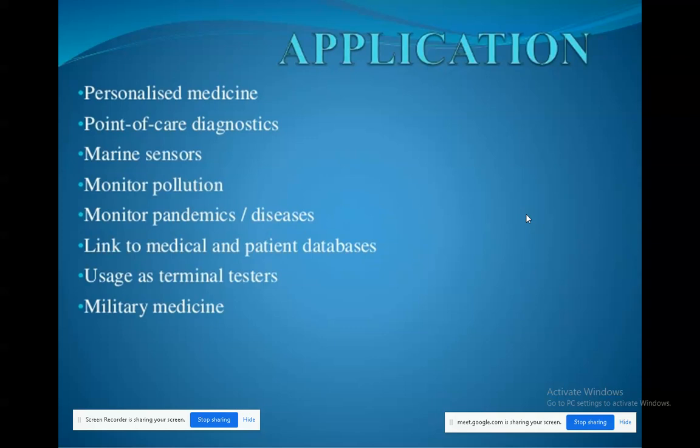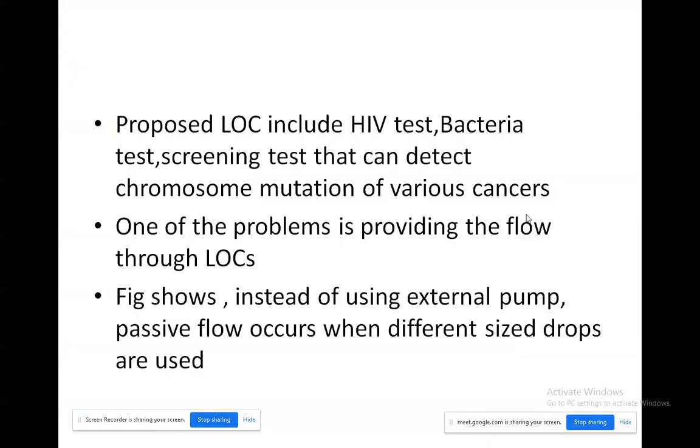And then it can be used in military medicine also. So lab on chip can be applied in all these fields. Then the proposed LOC includes HIV test, bacteria test, screening test that can detect chromosome mutation of various cancers. So through lab on chip you can do all these tests.